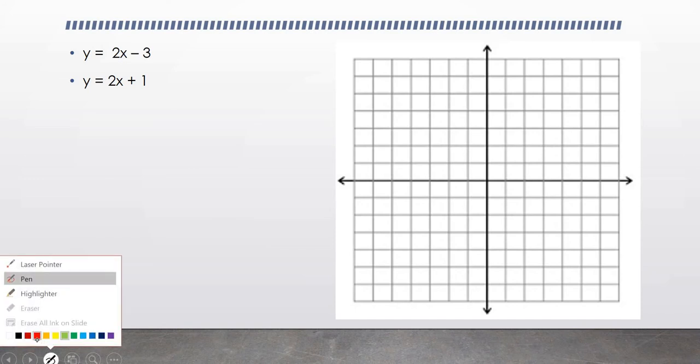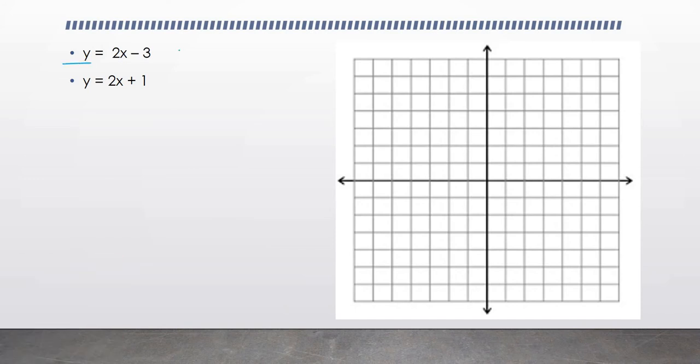So again, I'm going to graph the lines in two different colors. We'll do the first one in blue. -3 is my y-intercept. My slope is +2. Up 2 and to the right 1, up 2 and to the right 1. So there's the blue line, the first one.